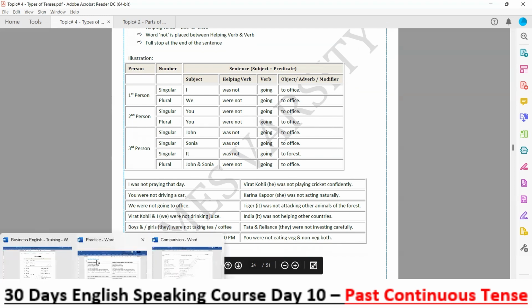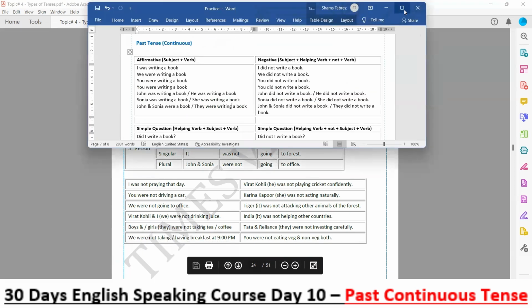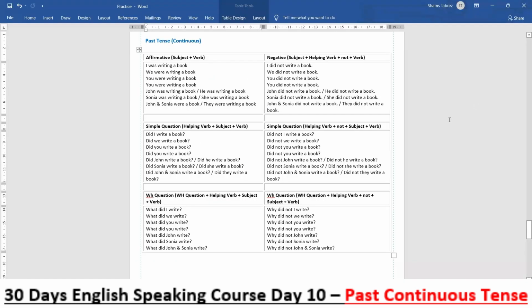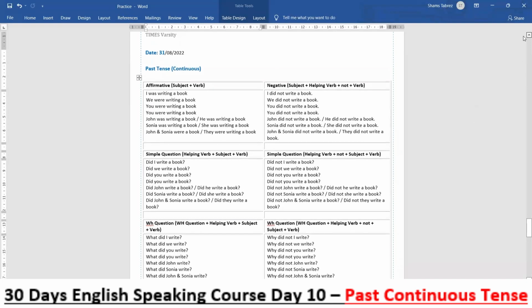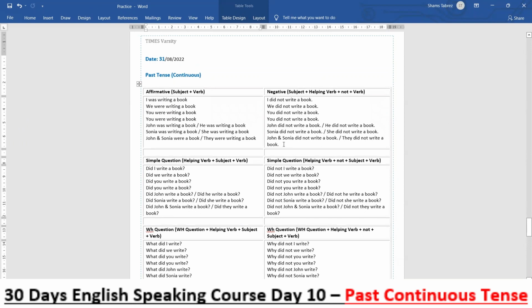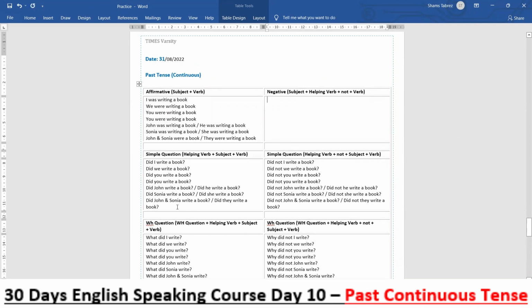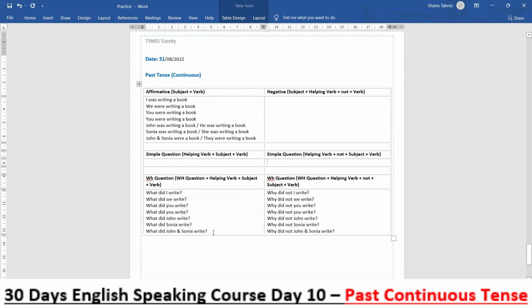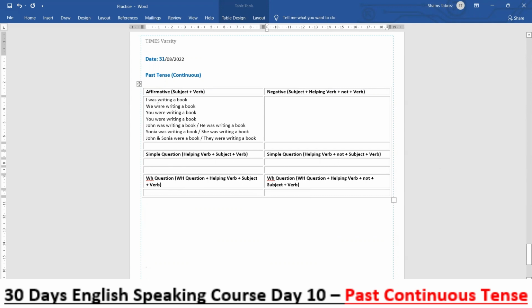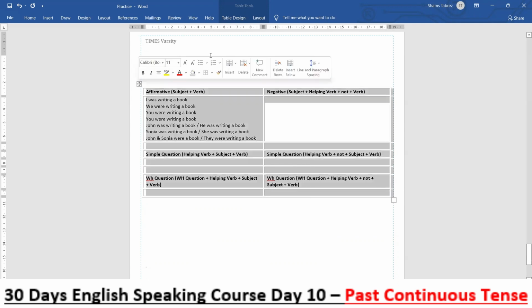Now it's time for us to make some sentences. Here we will be using write as a verb and making negative sentences. Yes, any volunteer? I was not writing a book.